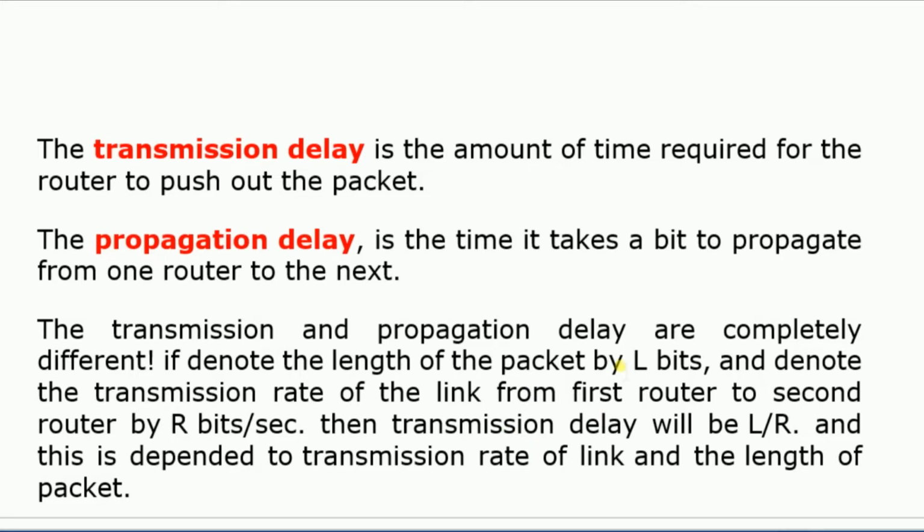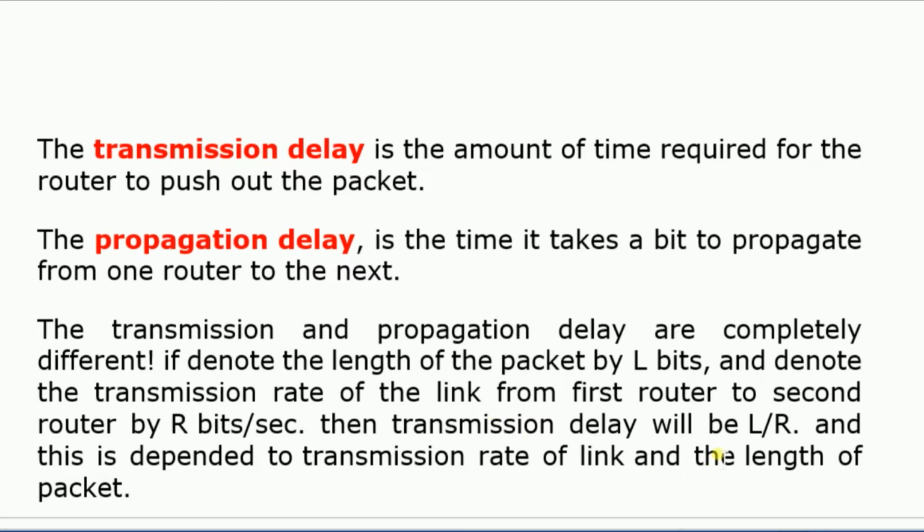The transmission and propagation delay are completely different. Don't think both are same. Both are different. Denote the length of the packet by L bits and denote the transmission rate of the link from first router to second router by R bits per second.